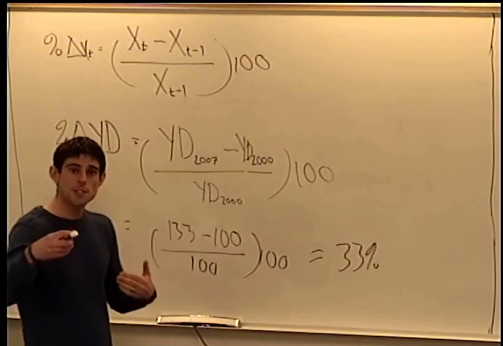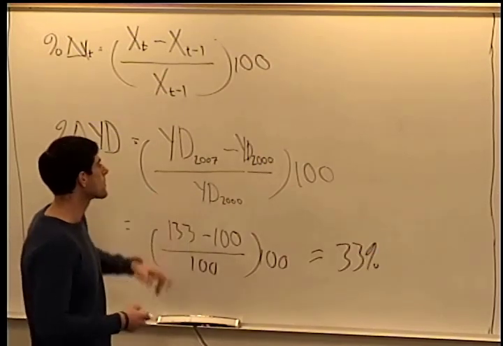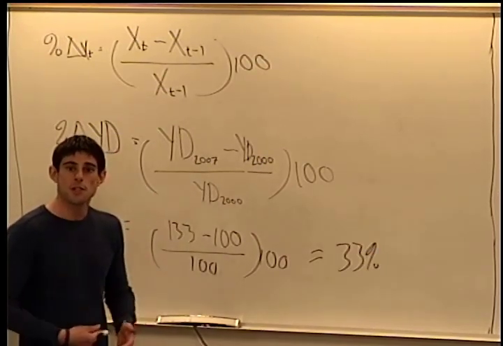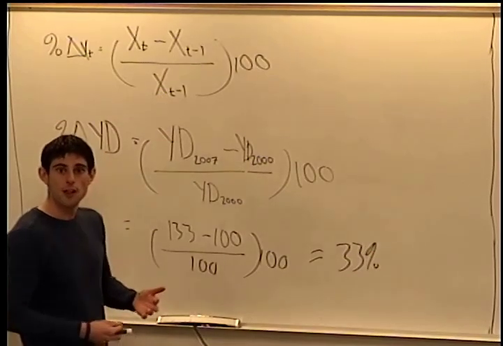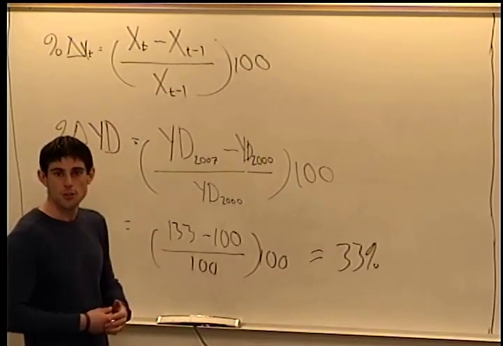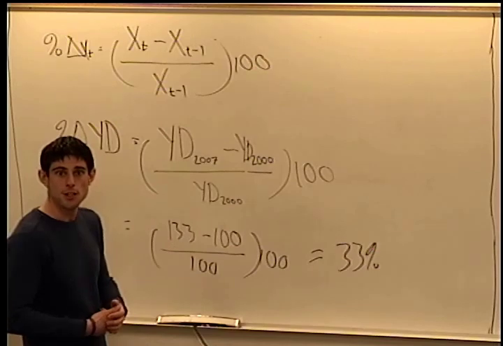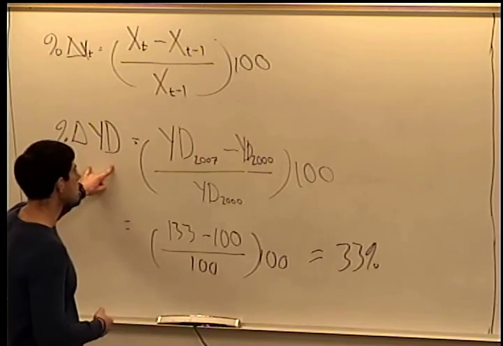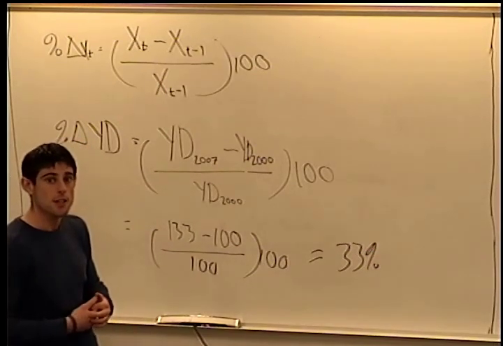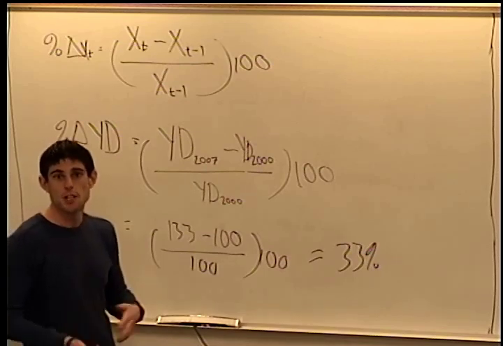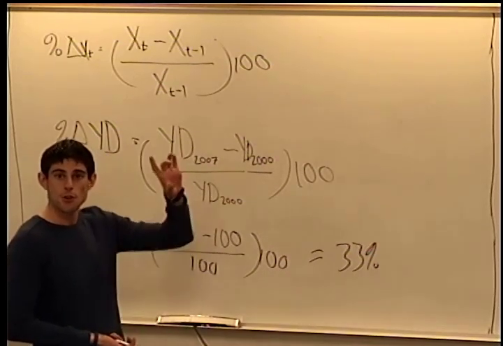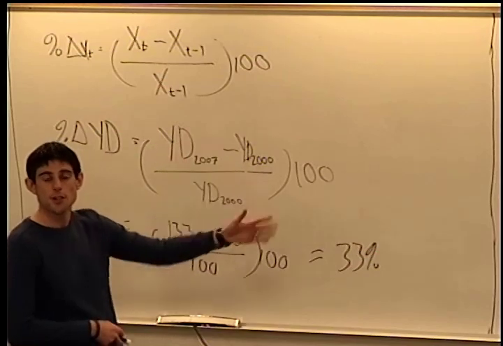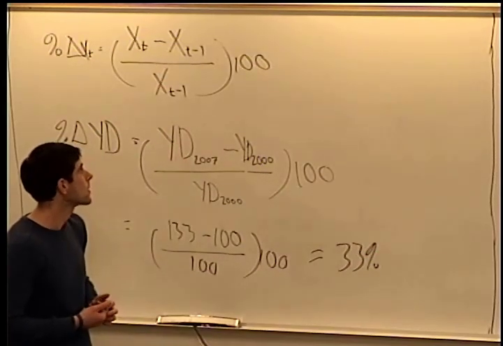So if I gave you a list of GDP deflators and I said, can you find which one is the base year? You could look through that list and say, here's where 100 is, so that must be the base year. Okay, because the GDP deflator is always going to be equal to 100 in the base year. And that's because real GDP equals nominal GDP. So the ratio is 1 times 100, it gives you 100. All right.